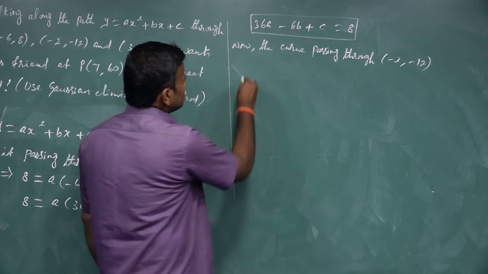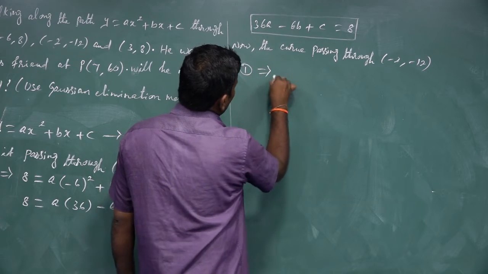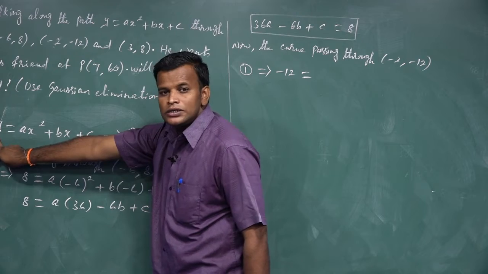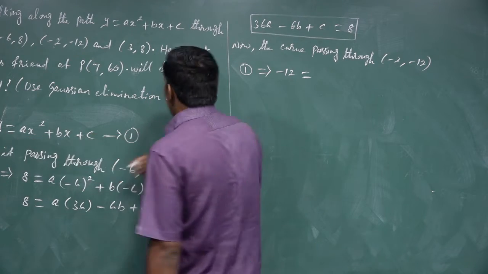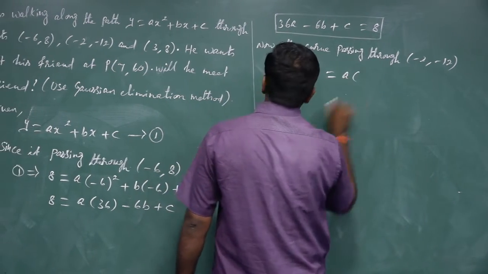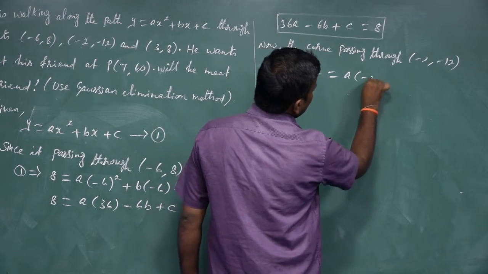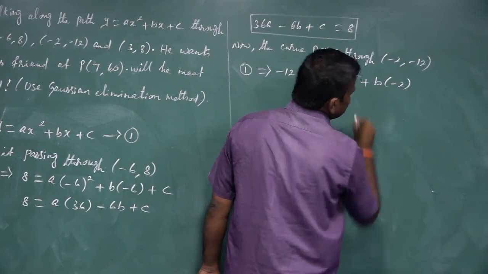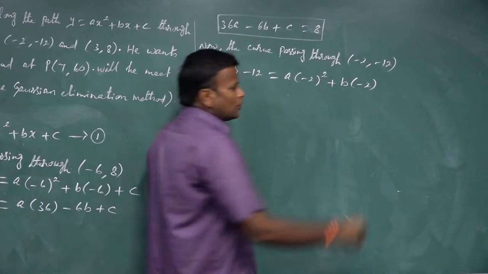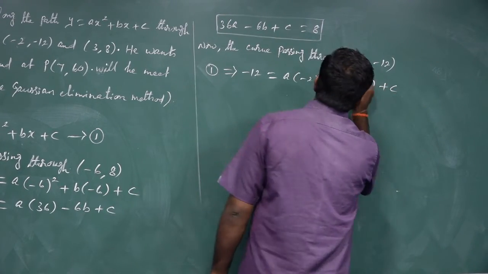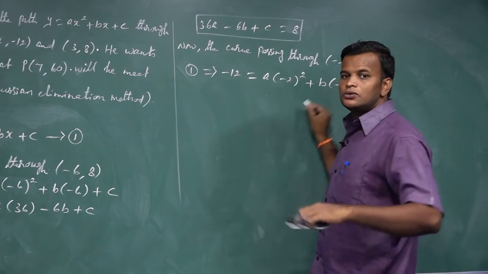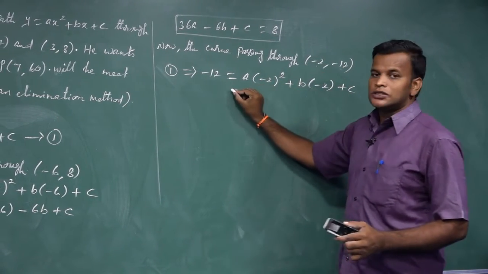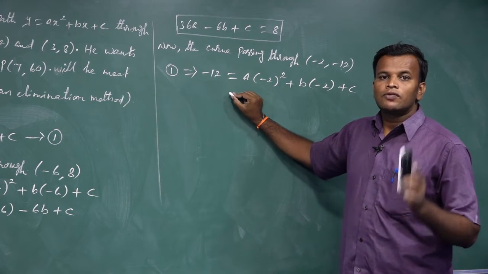So 1 gives y, the value minus 12, is equal to a of x square, a of minus 2 the whole square, plus b of minus 2, plus c. Because that point is passing through the given equation, the point satisfies the equation.